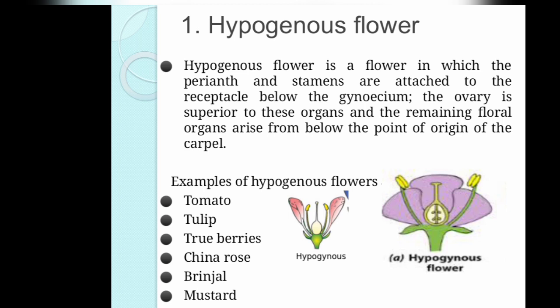You can see here the ovary at the higher level, and all parts of the flower are below the ovary. So this type is known as a hypogynous flower. Examples are tomato, tulip, true berries, china rose, brinjal, and mustard.